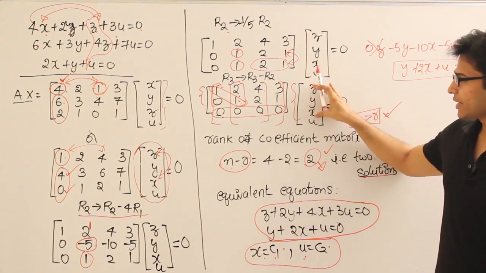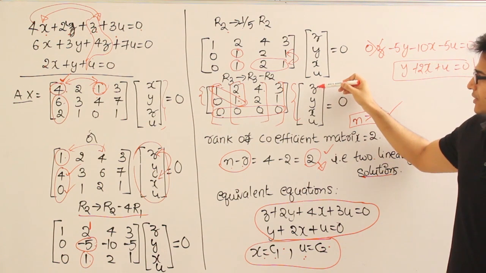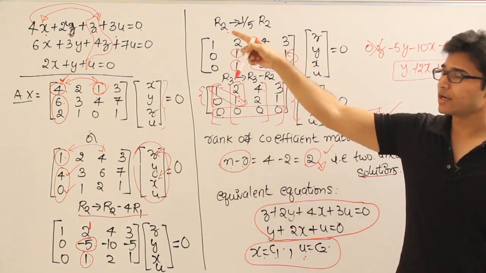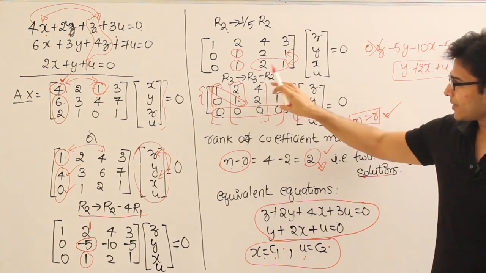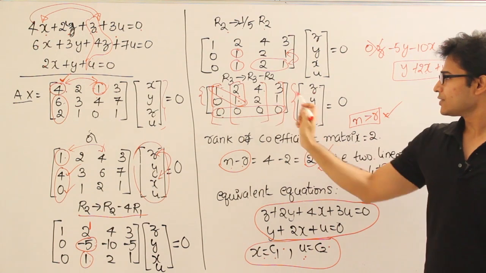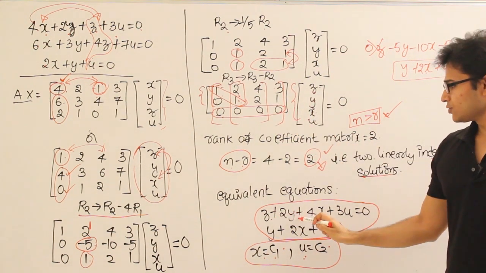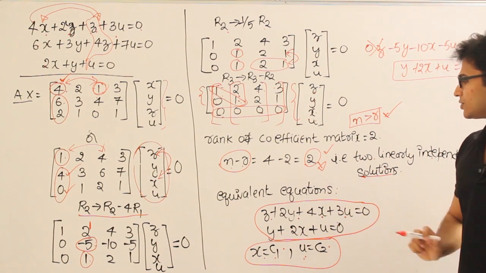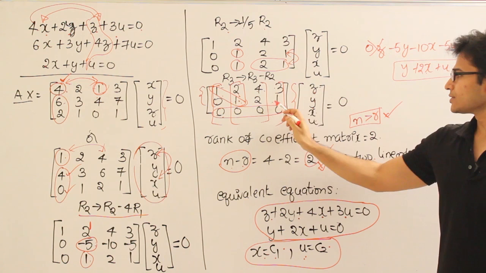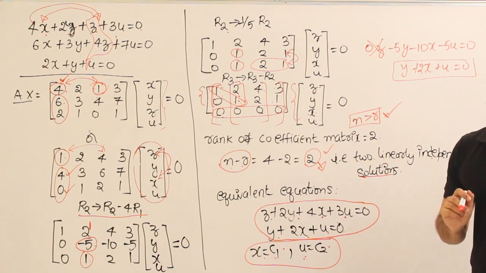If you don't carry this, you might forget about it and write as if it is x, y, z and u, and you will get different equations which will not be equivalent. Now from this matrix I derived this. You can observe this: z plus 2y plus 4x plus 3u, and y plus 2x plus u equal to 0.